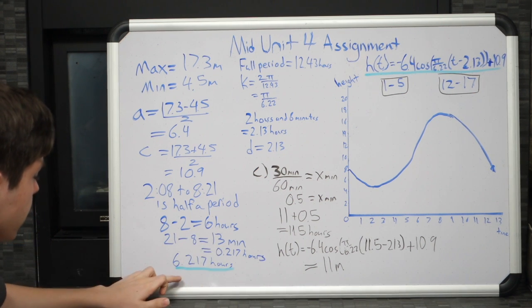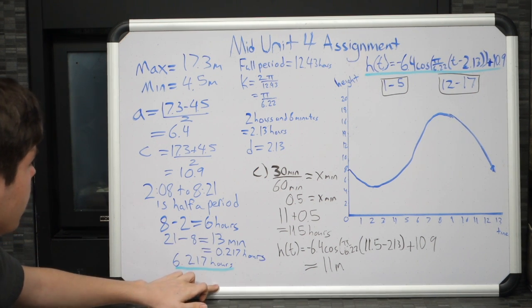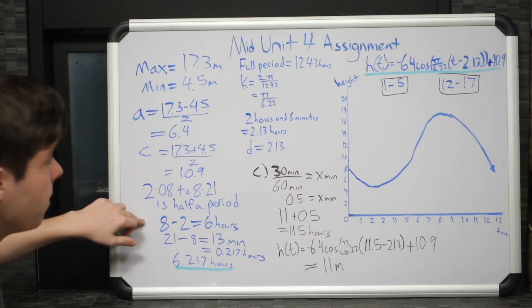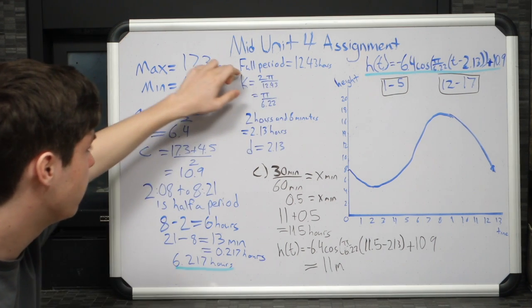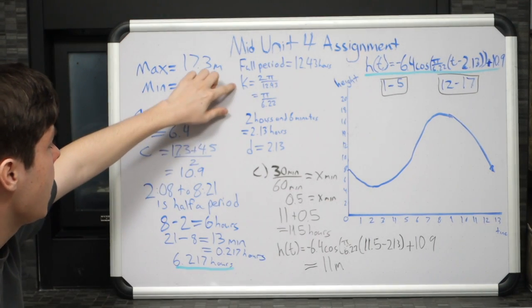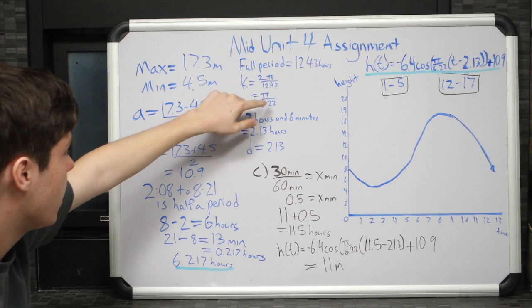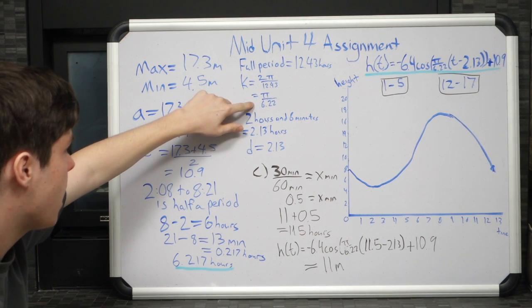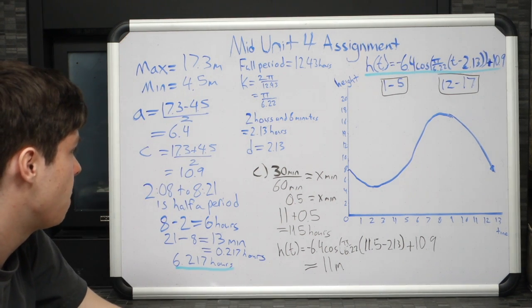So you add those two, and you get 6.217 hours. And this is only for half a period, so we have to multiply by 2 to get the full period, which is 12.43 hours. And then k equals 2 pi divided by the period. So that equals pi over 6.22.